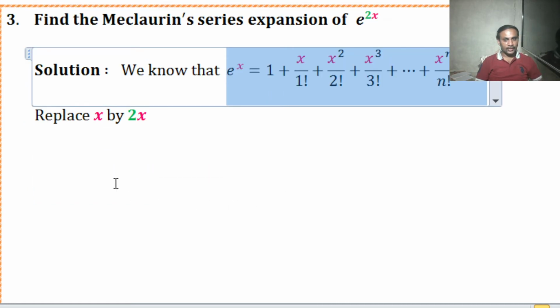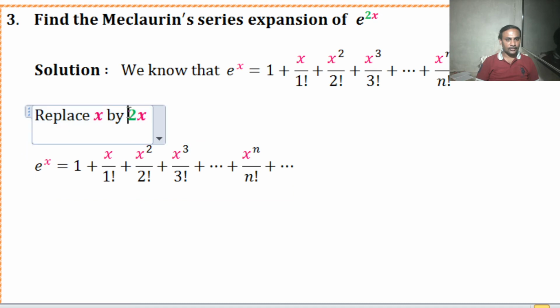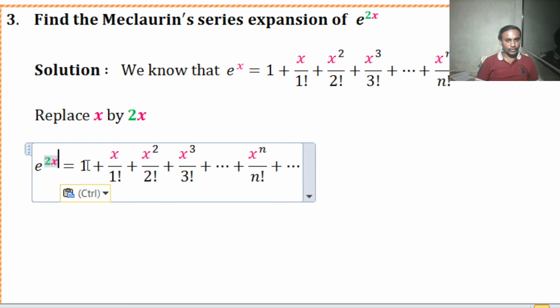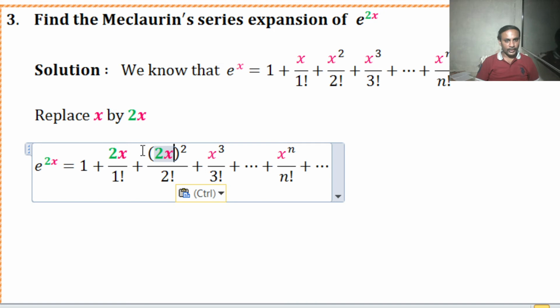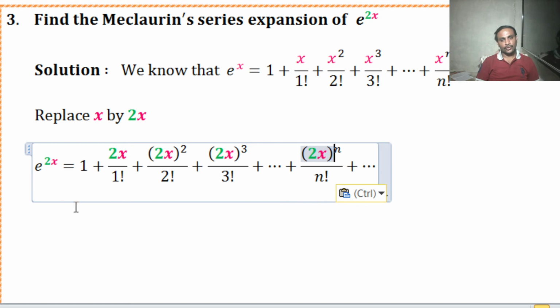So after taking this series expansion and then replacing x by 2x, we can get e raised to 2x is equal to 1 plus, in place of x we have to take 2x, in place of this x again we have to take 2x, and so on, 2x raised to n upon n factorial.